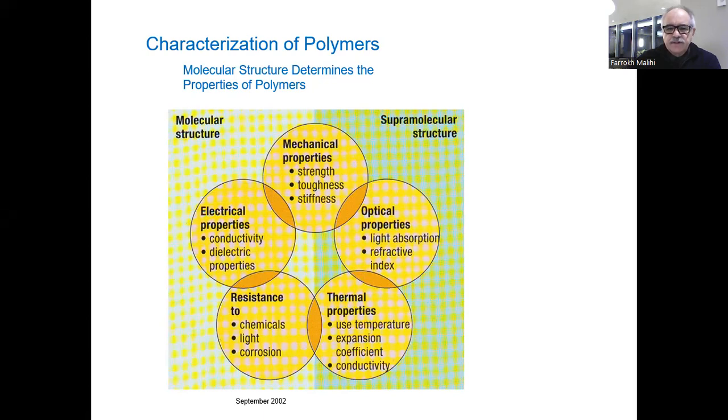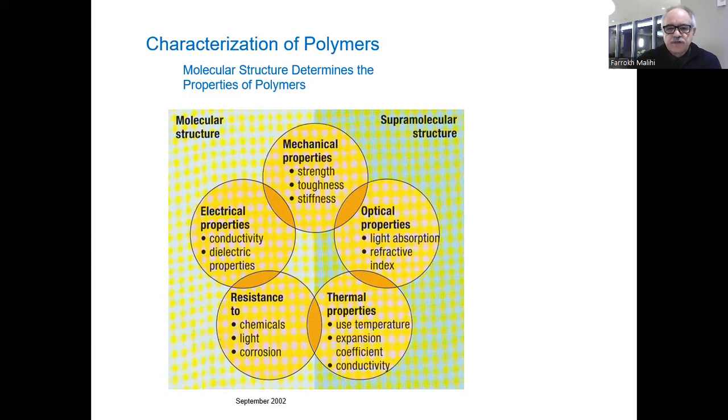Things like molecular weight distribution, crystalline structure, morphology, and others are structural properties that determine the ultimate properties of polymers.